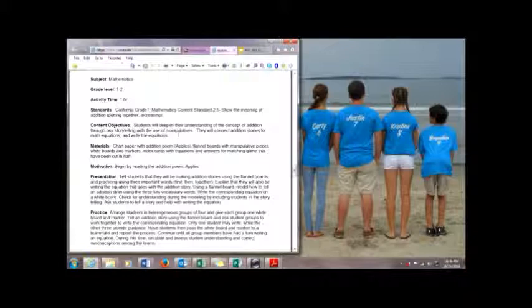So it seems that this California Grade 1 is the mandated standard for this particular information. So I would say that this content objective right here would definitely connect to what the standard says, which is showing the meaning of addition.